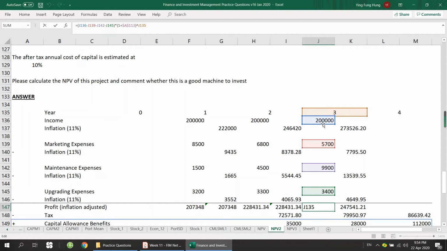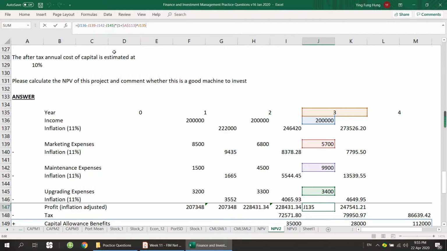For the profit in the third year, the numbers can be obtained by the income of the third year, which is 200,000, minus the marketing expenses in the third year, which is 5.7 thousand, minus the maintenance expenses in the third year, which is 9.9 thousand, minus the upgrading expenses in the third year, which is 3.4 thousand.